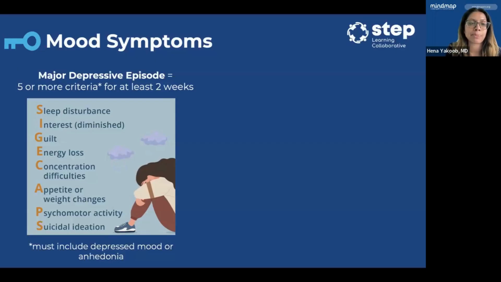And then the symptoms must include either, of course, self-evidently a depressed mood or diminished interest, anhedonia. So often with major depressive disorders or episodes, we see changes in sleep, in concentration, in appetite, and then, of course, other things like hopelessness, worthlessness, suicidal ideation in worst case scenarios.